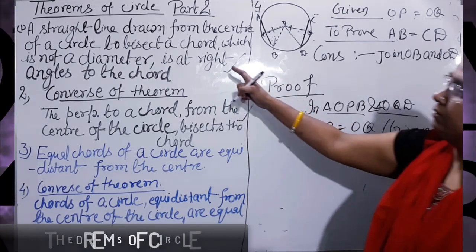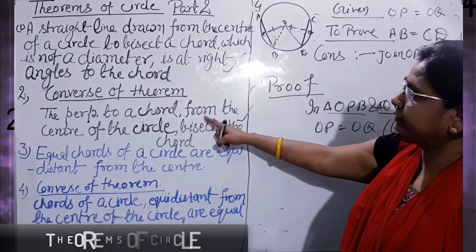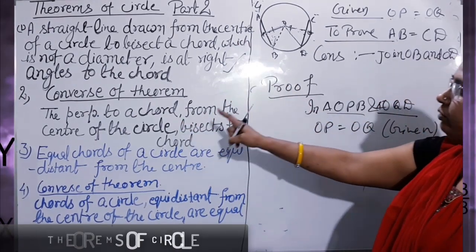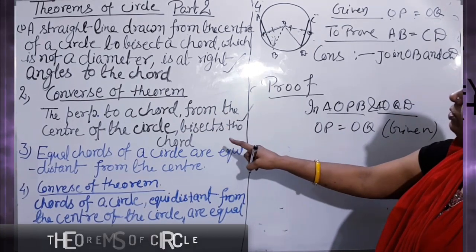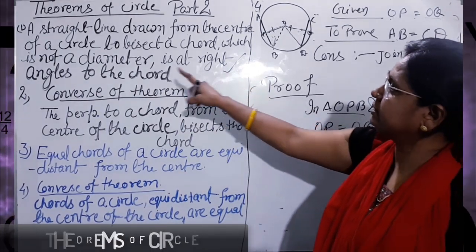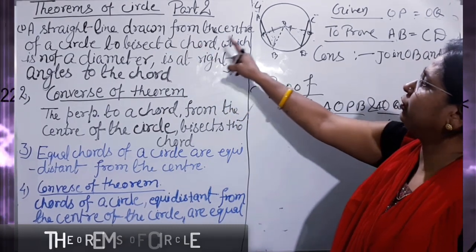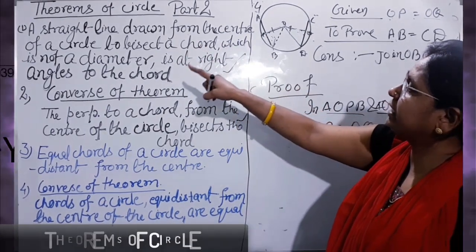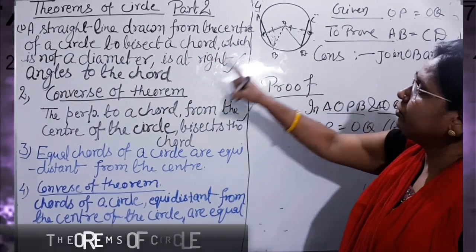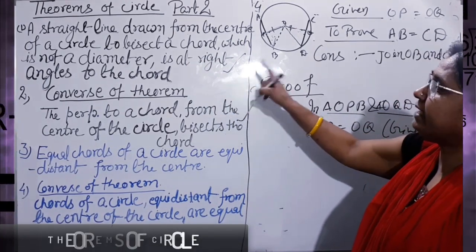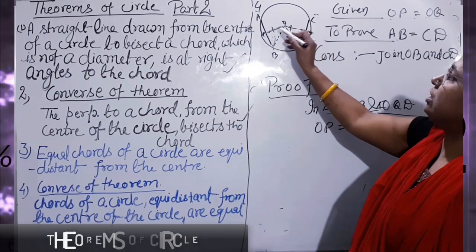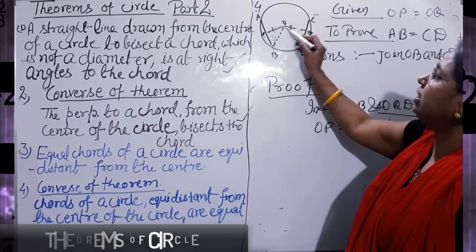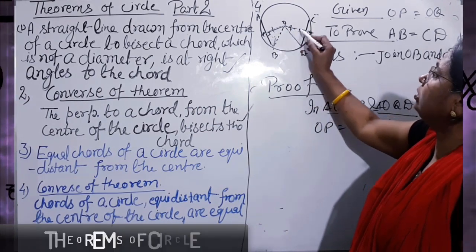As from the first part, the perpendicular to a chord from the center of the circle bisects the chord, and a straight line drawn from the center of a circle to bisect a chord which is not a diameter is at right angles to the chord. This is equidistant, both are equal and perpendicular also.